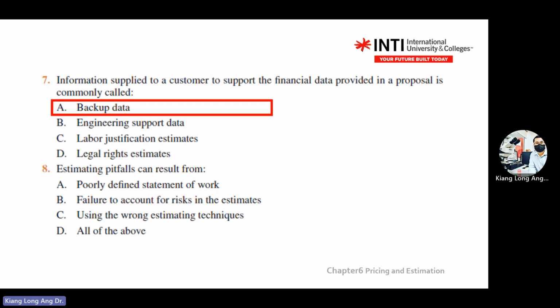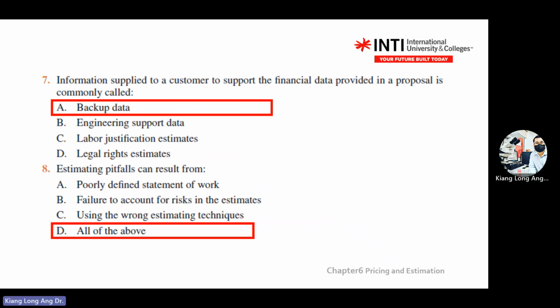What do you think? What is your answer? Which one? C is the correct answer.